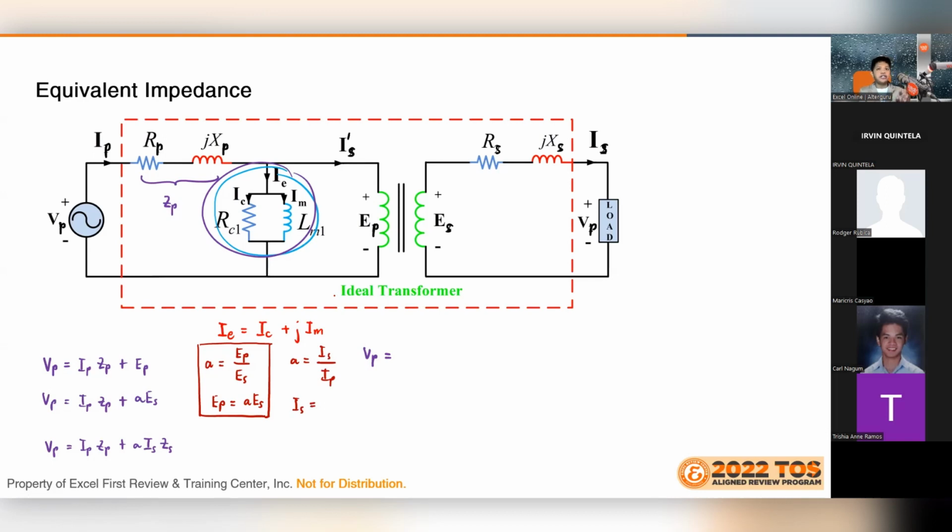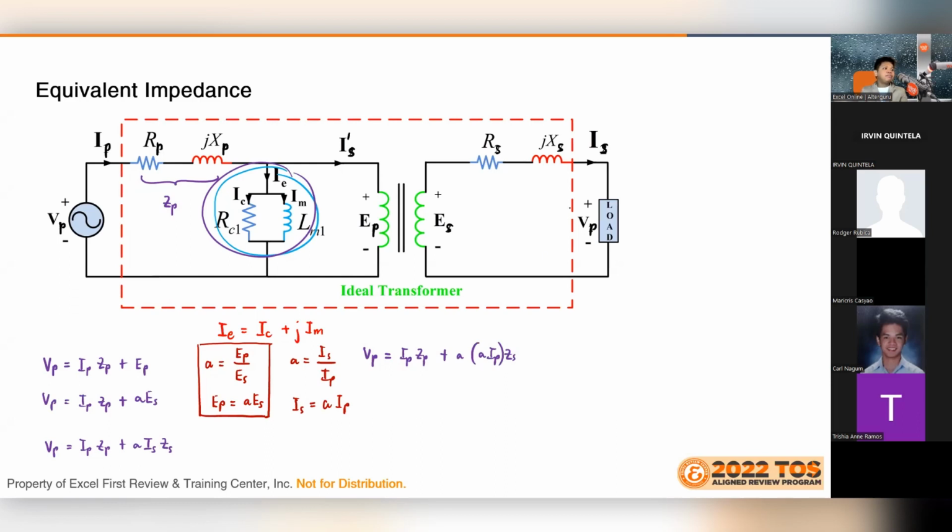A is the transformation ratio. Yung kaninang ginagamit natin na NP over NS tsaka EP over ES, the transformation ratio. So, ibig sabihin, ang IS natin is AIP. So, ibig sabihin, this one is having VP as IP, and then plus A, tapos ang IS natin is AIP times JS.